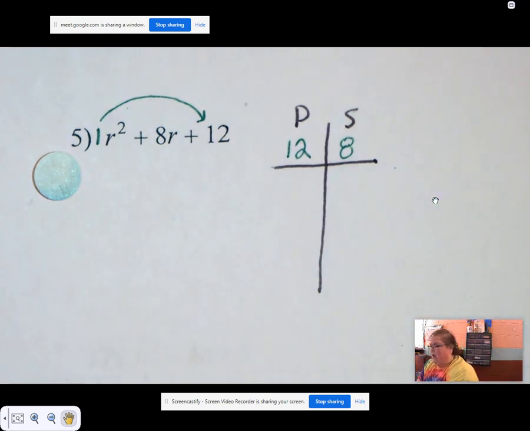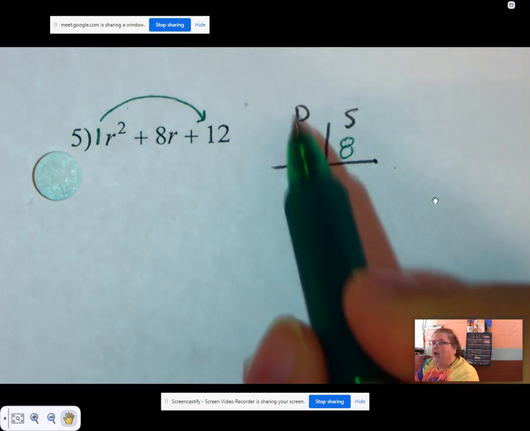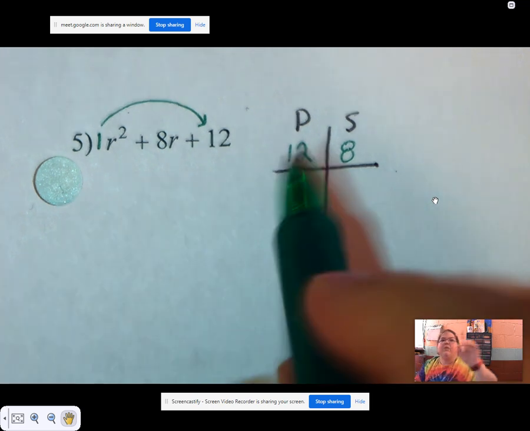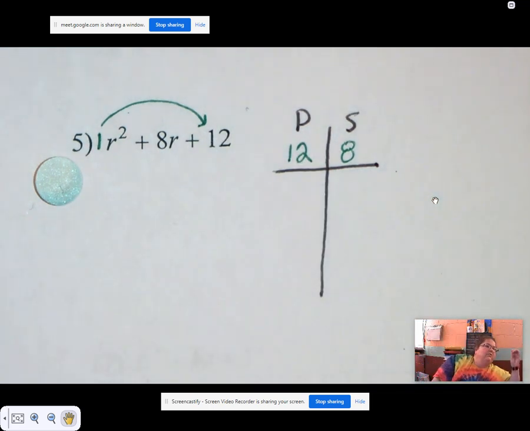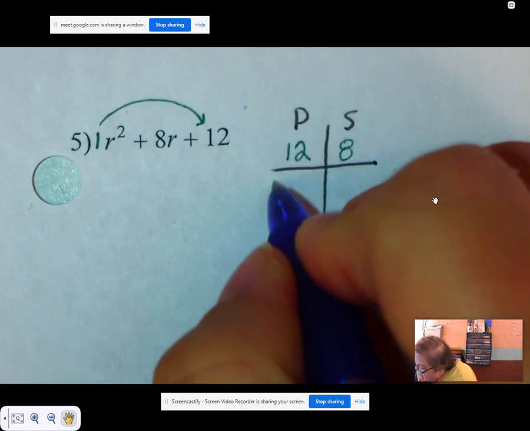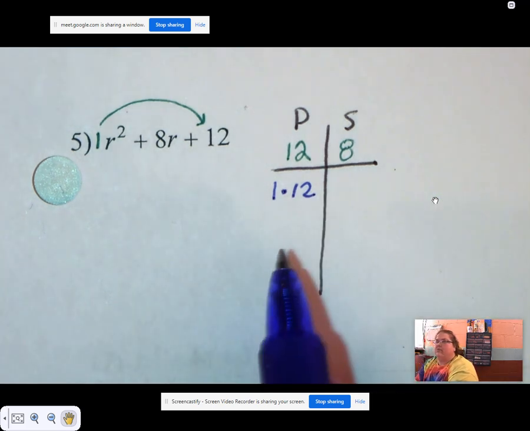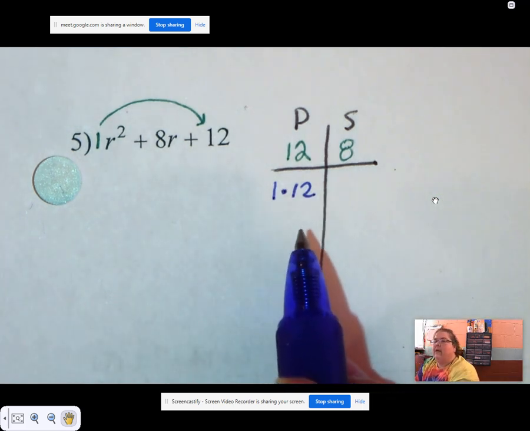Okay. Now, this is a product. Product means I multiplied to get this answer. So now what I want to know is, what are all the factors? What are all the numbers I can multiply together to get 12? 1 times 12 is, okay. And I write them out so I'll have the factors together when I'm done. Okay? All right.